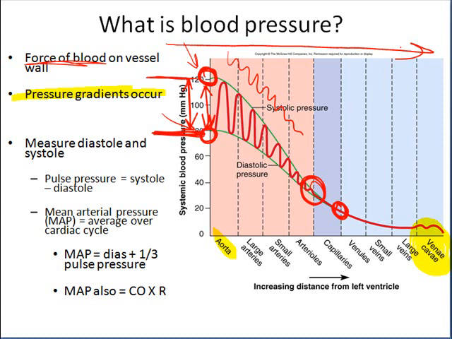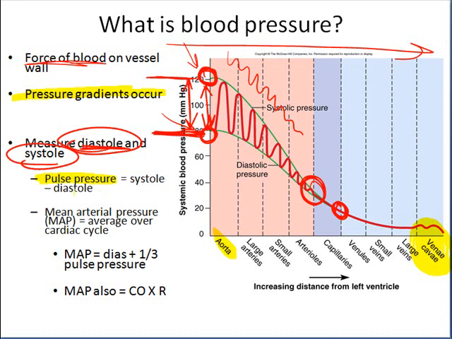So we measure blood pressure, as we said before, by measuring both the systolic and the diastolic values. We do that using the sphygmomanometer. And with those two values, we can calculate something called pulse pressure, which is the difference between the systolic and diastolic values. Why do we care about calculating pulse pressure?